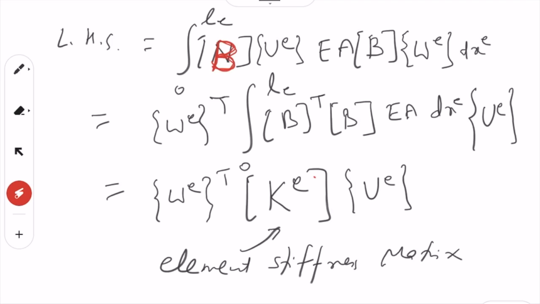So this k basically has the element stiffness matrix, that is in the last video lecture we had k11, k12, and all those things composed like this one.